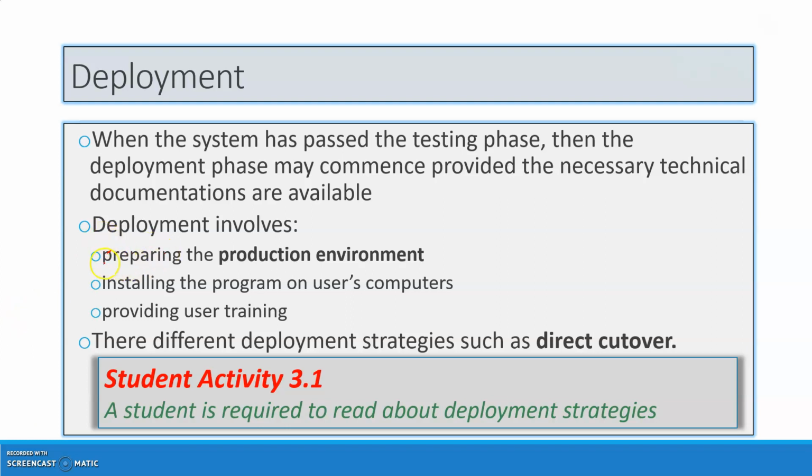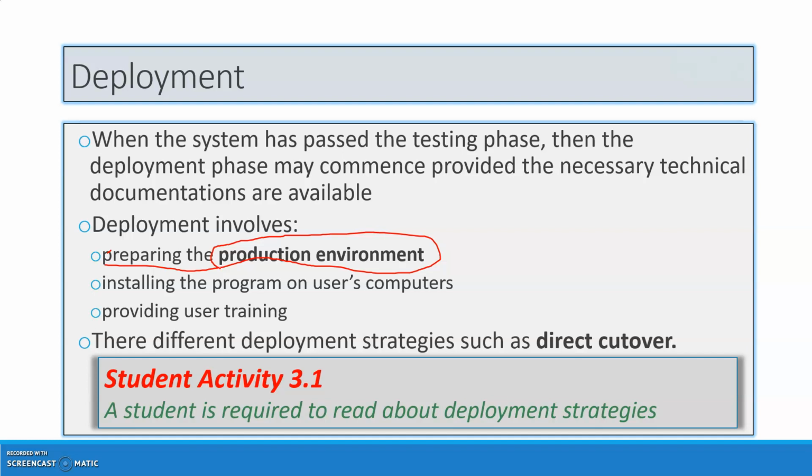So deployment involves preparing production environment. When you are creating your program, you are actually in a development environment. Now, when you have tested everything and the program has passed all the tests, you take it from a development environment into a production environment.